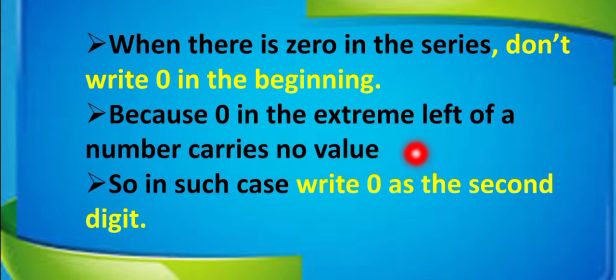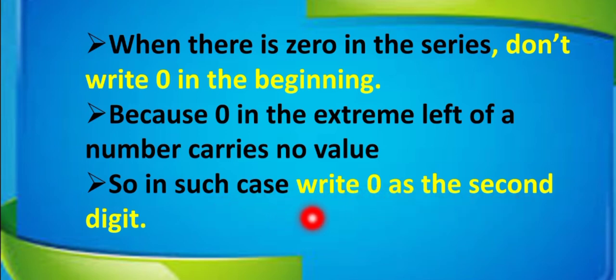So it will become a 3-digit number. So in such a case, write 0 as the second digit. This is only for the smallest number. The greatest number you will form normally, but when forming the smallest number, you should not write 0 in the beginning. You have to write 0 as the second digit.